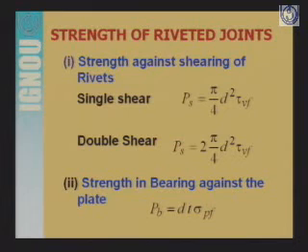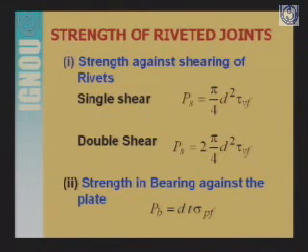Now we have to calculate the strength of a riveted joint. The strength of a riveted joint is the least of the following strengths that we calculate first. First is the strength against shearing of rivets.